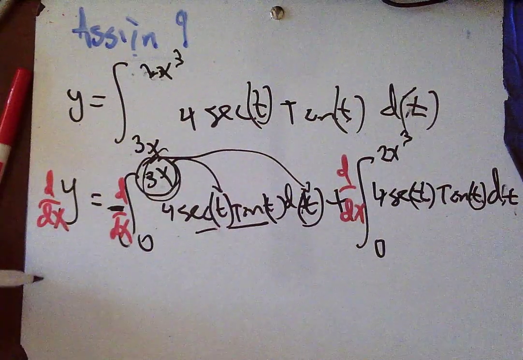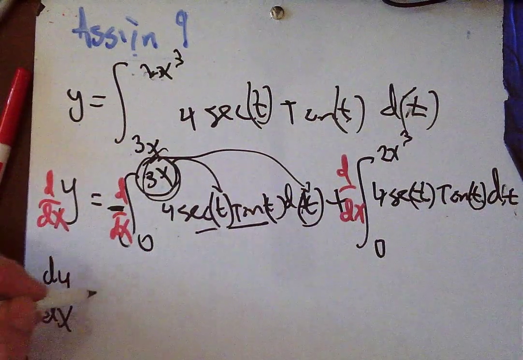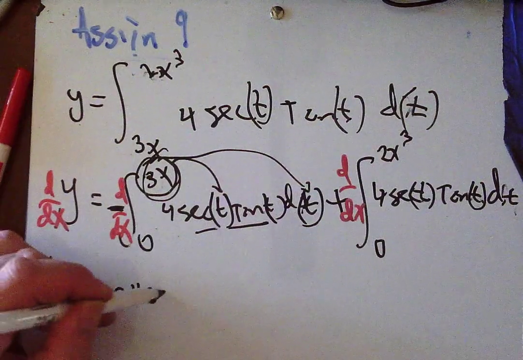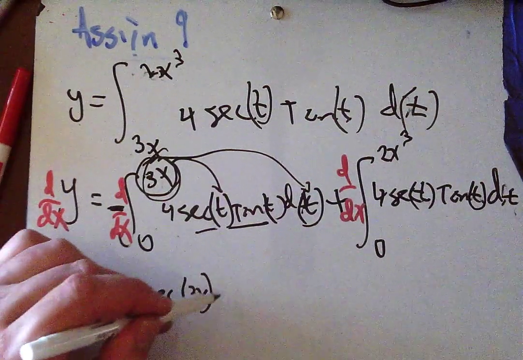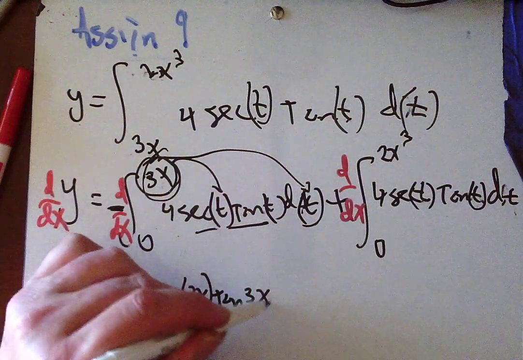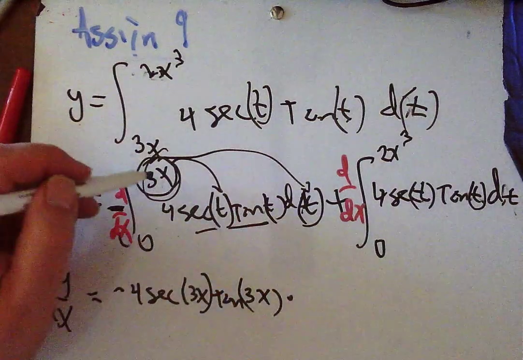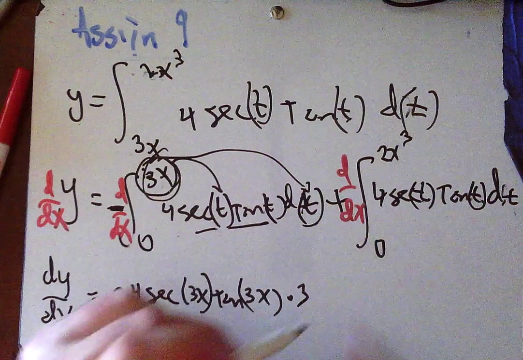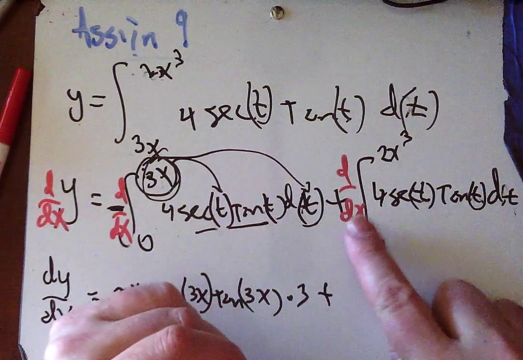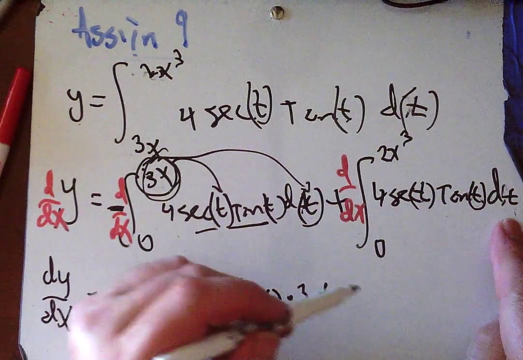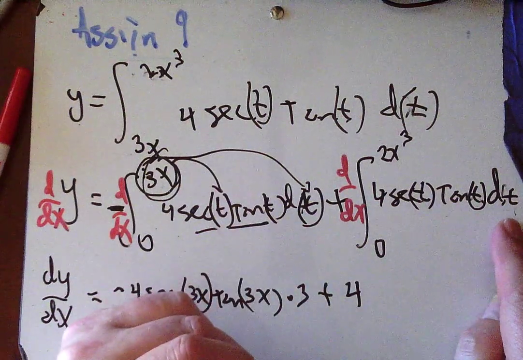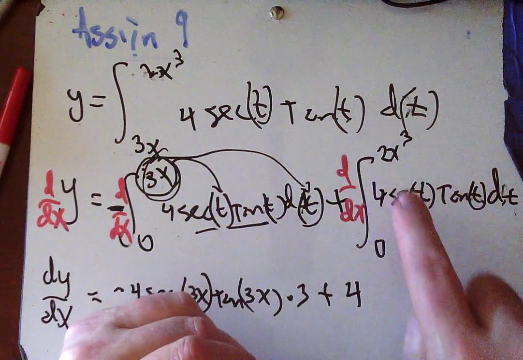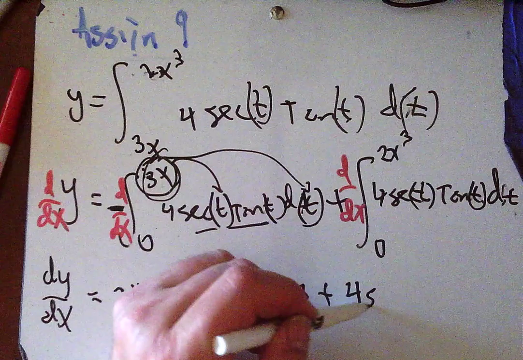Okay. So we've got dy/dx equals -4 secant 3x tangent 3x. Don't forget the derivative of the inside function. Now we come over here. Plus, and we're taking the derivative of this stuff. We're going to have that 4 again. We're going to put the 2x to the third into each of those places.